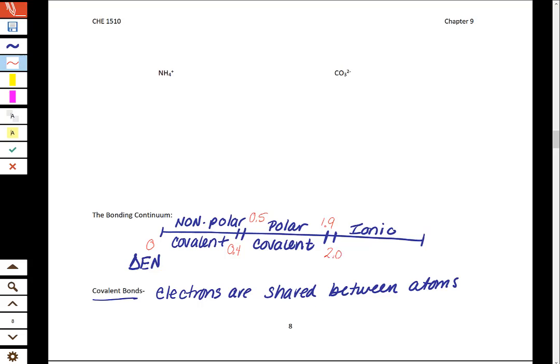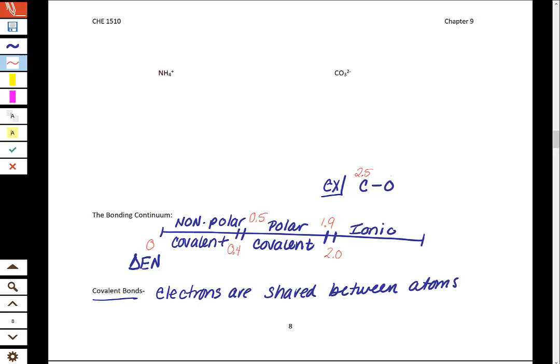So to figure out if a bond is nonpolar covalent, polar covalent, or ionic, we look at the atoms that are involved in the bond, we find their electronegativity values on the periodic table, and then we subtract. For example, if we look at a C-O bond, the electronegativity value for carbon is 2.5.